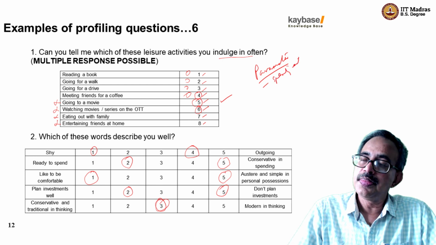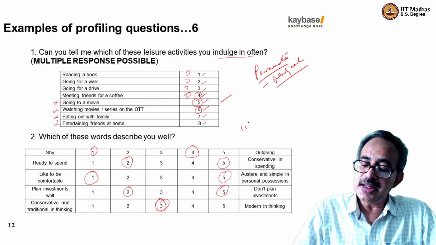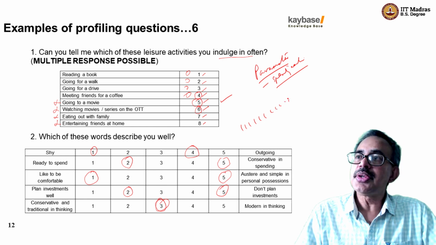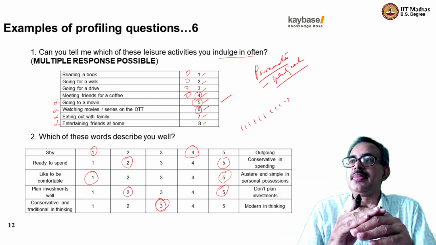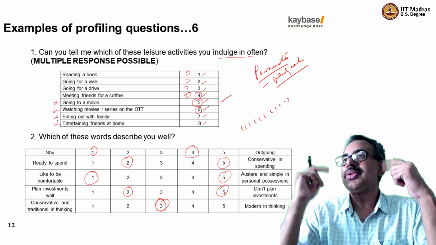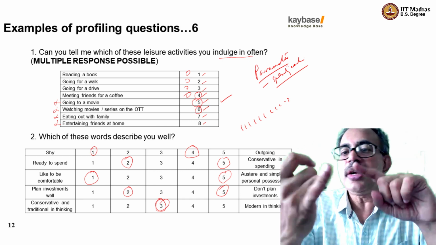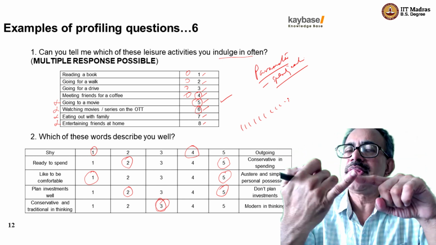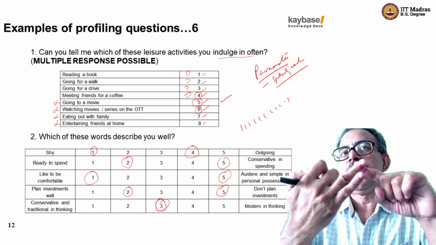What are the various items that together define spending readiness? That requires a lot of research and thinking. So demographics is simple. Lifestyle is a little bit more complex.